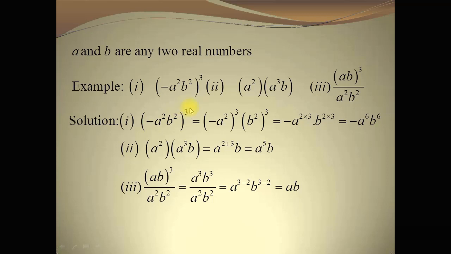So first of all, calculate minus 1 power 3. So minus a square whole cube into b square whole power 3, and minus 1 power 3 means minus 1. Now using the power law, multiply these two powers, and again using the power law for the base b, multiply power 2 by power 3. So we get minus a power 6 b power 6.